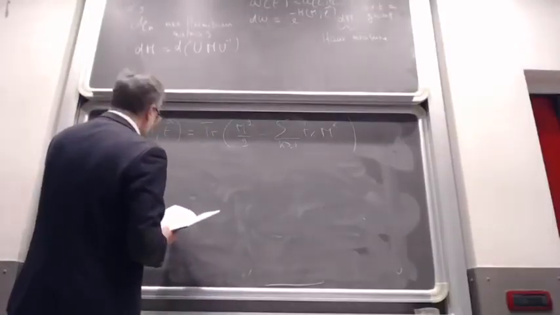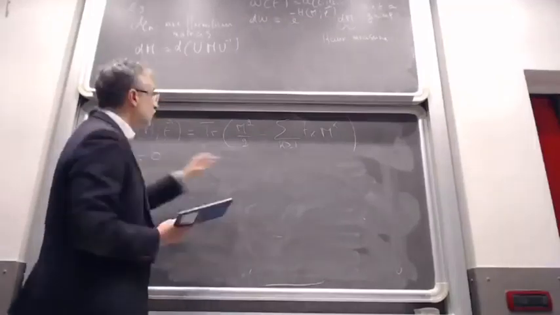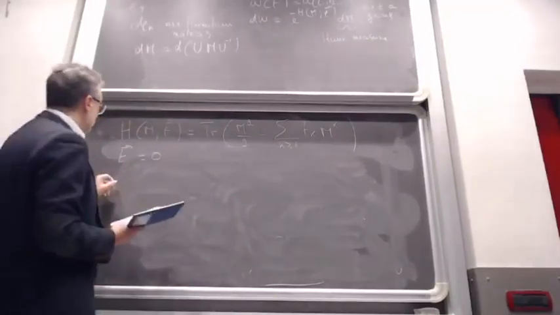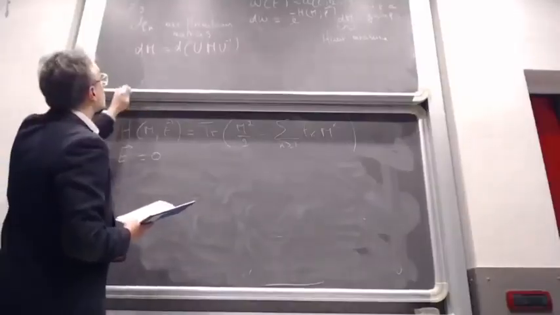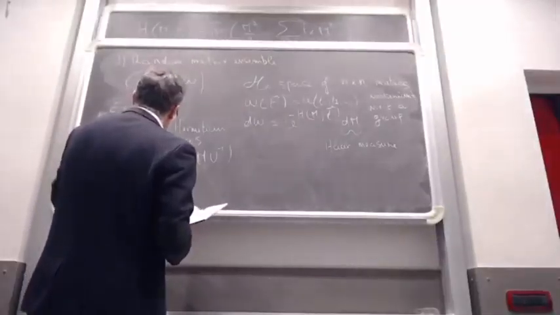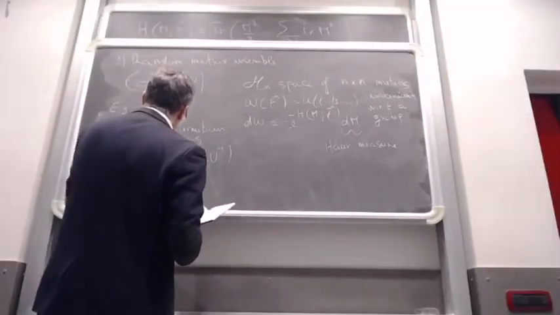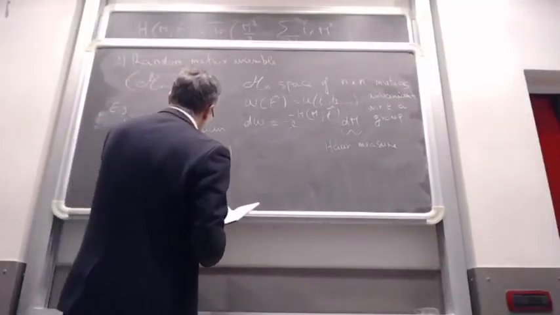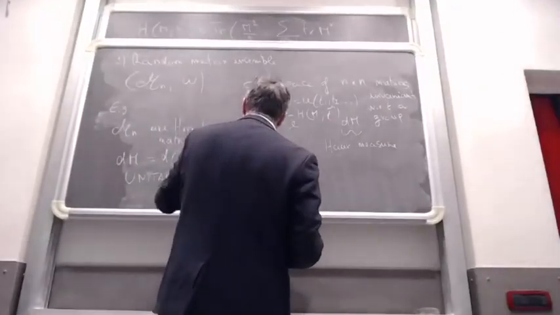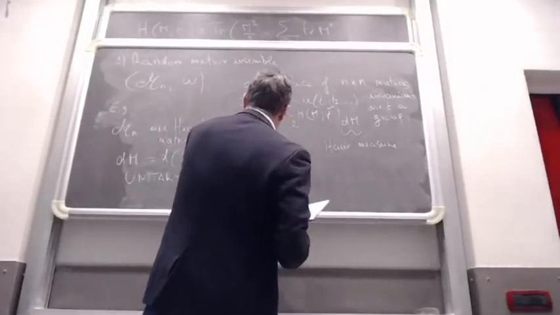In particular, if we take all the t's equal to 0, this example defines the unitary ensemble, UE for short.